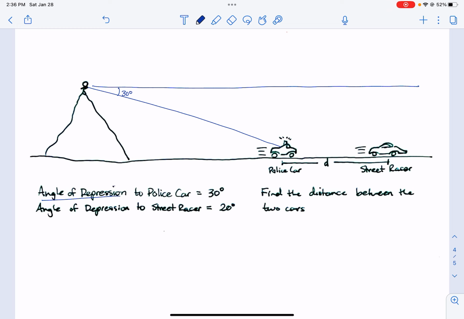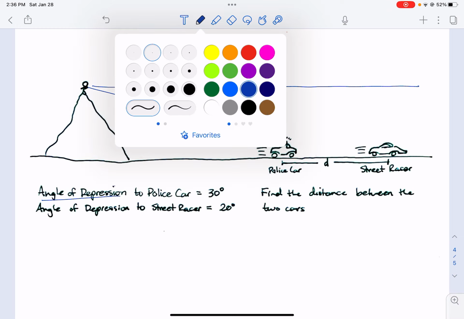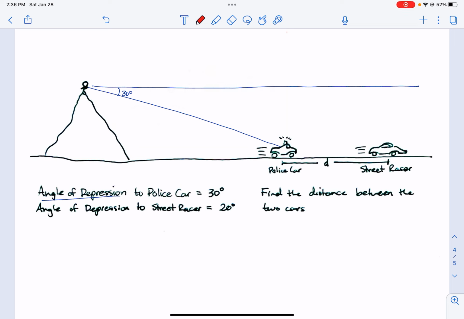Right? Okay? And let's see. I have an angle of depression to the street racer of 20 degrees. All right, so this red angle is 20 degrees.